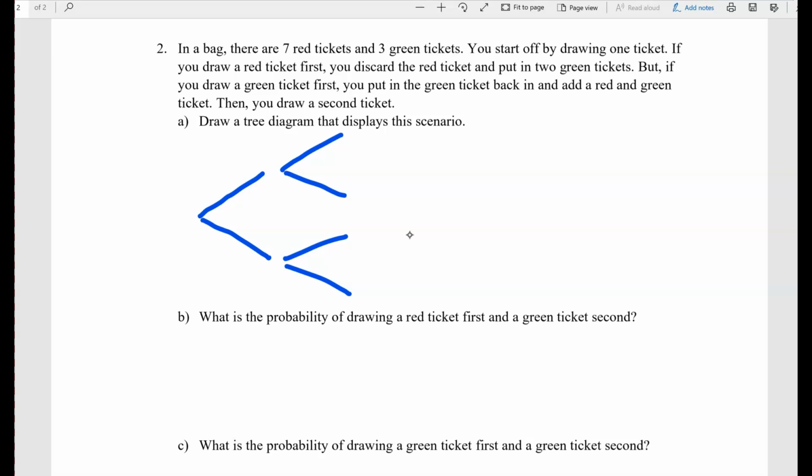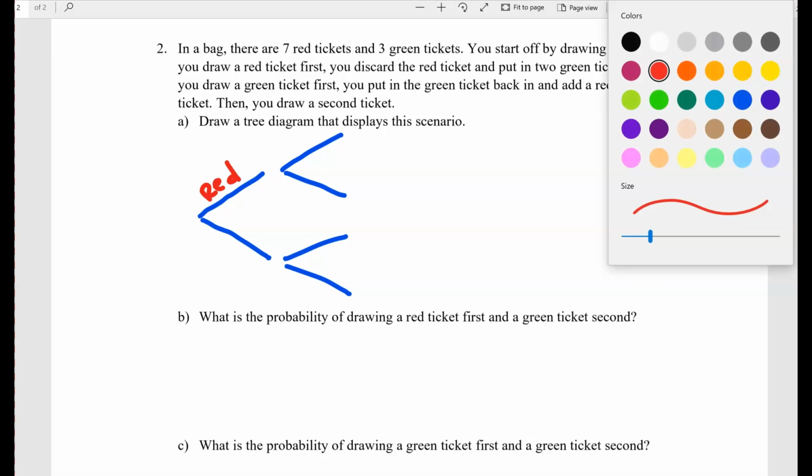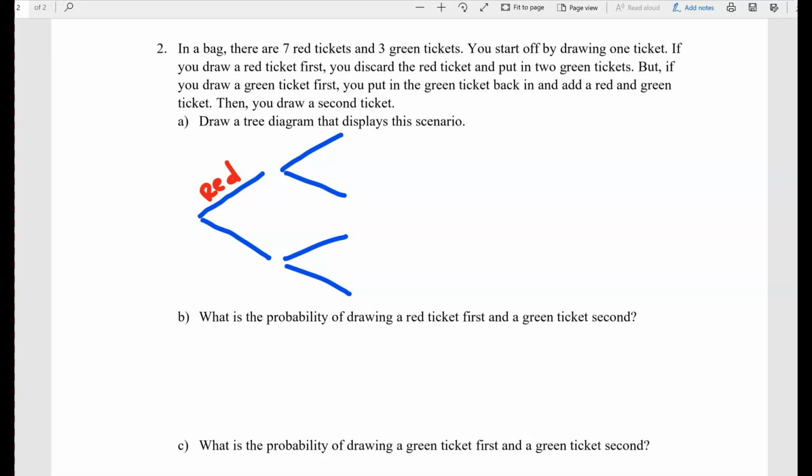Well, you can either get a red ticket or a green ticket. Instead of writing red and green, let me just change it to G for green and R for red. That way it's easier.